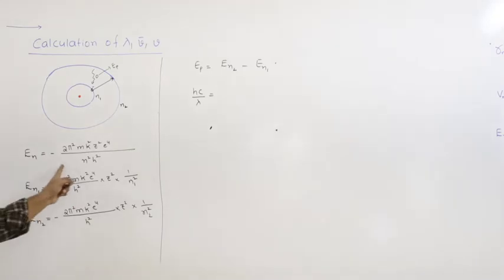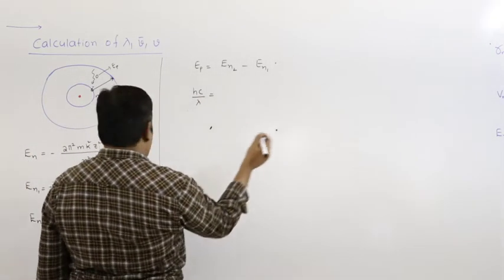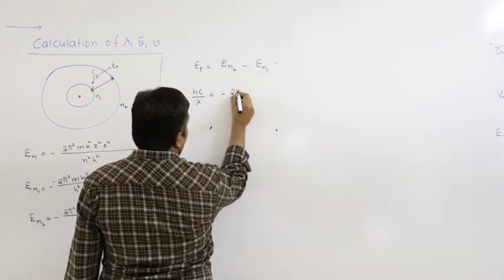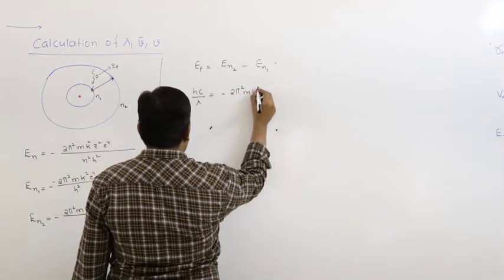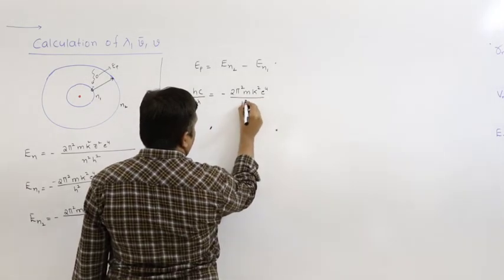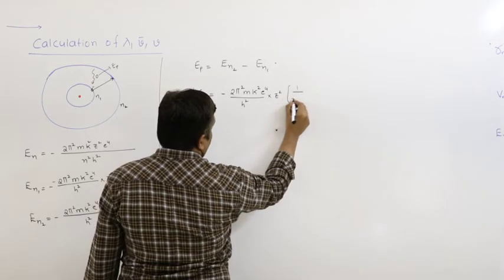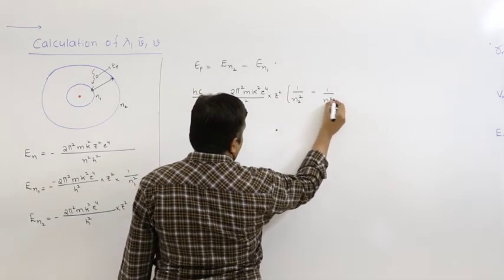In this, what can I take common? This one. So substituting the equations here, what I will get is minus 2π²mk²e⁴/h² × Z² × (1/n2² minus 1/n1²).